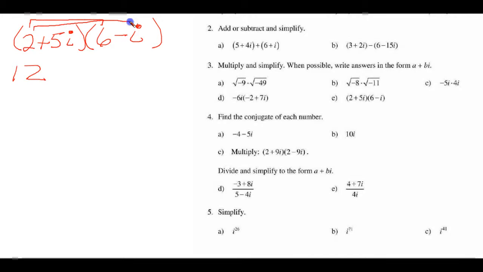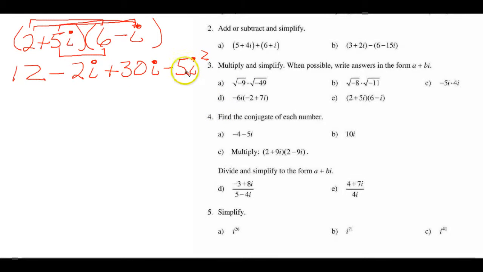Now my outers are a negative 2i. My inners a positive 30i. And my last a negative 5i squared.